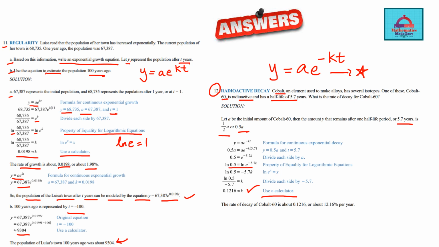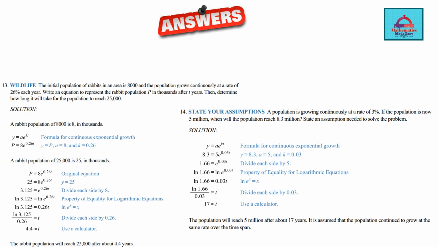So just divide them, and the constant in this case is decay, so the rate of decay for cobalt is about, in decimal, 0.1216, 4 decimal places we've taken, or if you convert to percentage by multiplying with 100, it comes out to be 12.16 per year. So on this slide, I have solved in detail question 13 and 14 for you.